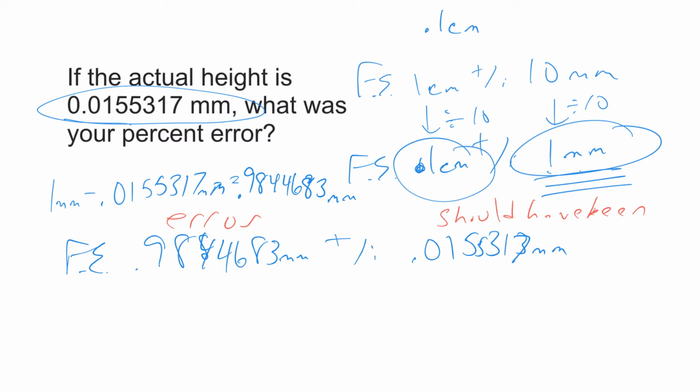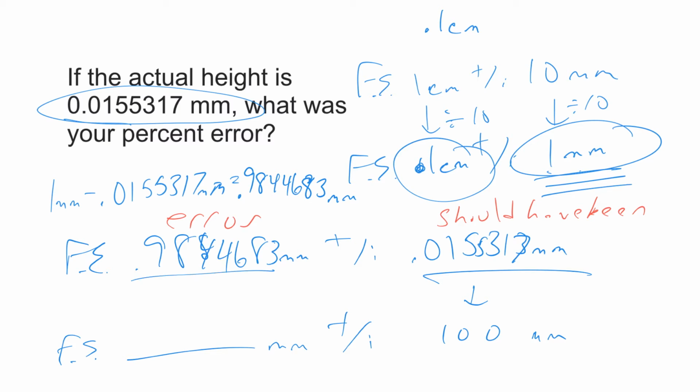Now, it's really hard to compare this against some random digit, so what we usually do is we say, okay, what if this was 100 over here? Now, we're going to have a lot of percent error because this number is way far away from this one.